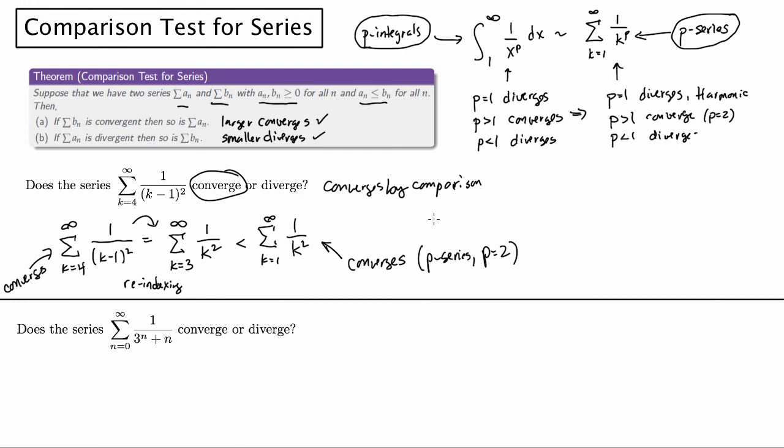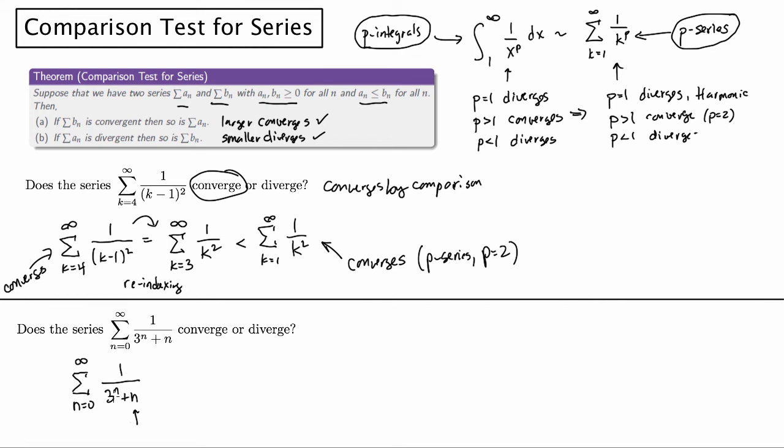So the one that we have below, I'm looking at the sum n goes from 0 to infinity of 1 over 3 to the n plus n. And so taking a look at this, the best course of action here is to look at the sum n goes from 0 to infinity of 1 over 3 to the n plus n. And I notice that this n right here in the denominator, if I were to remove it, then that would end up giving me a p-series.